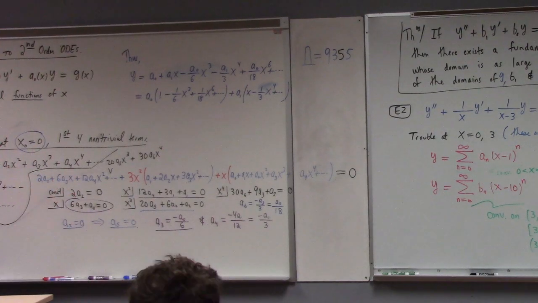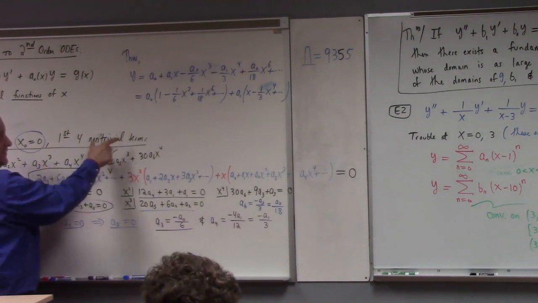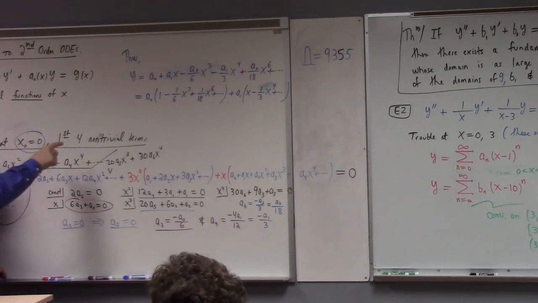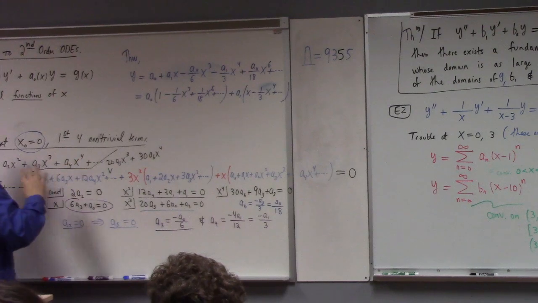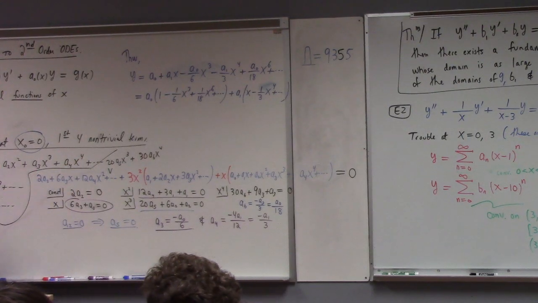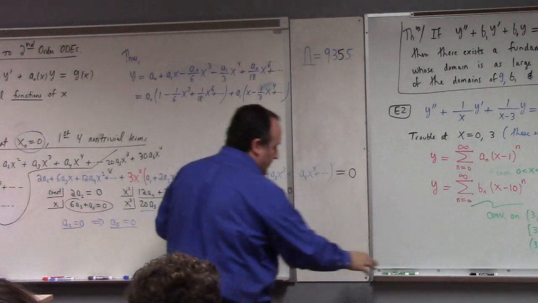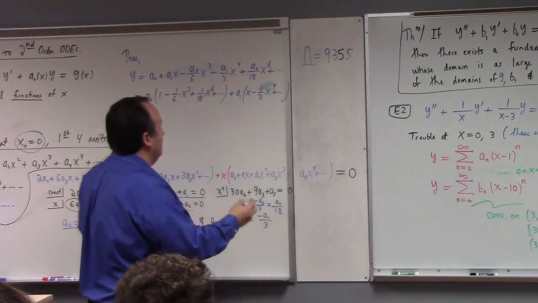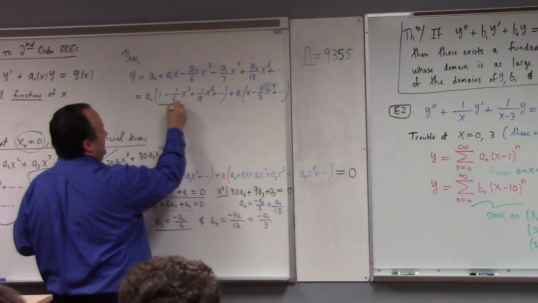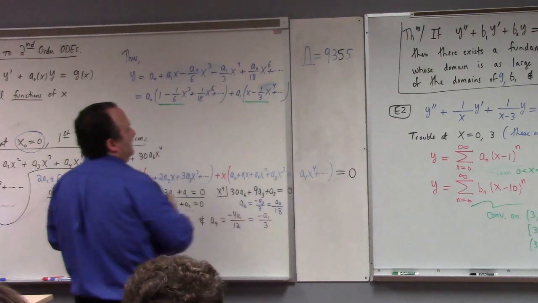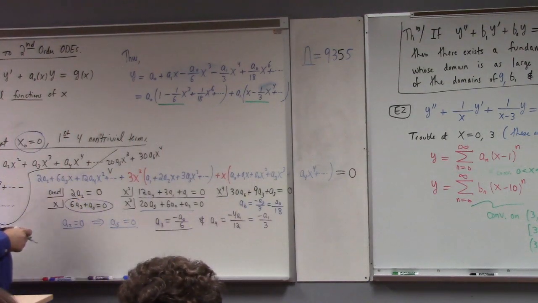Have I answered the question? Yes, I've answered the question. The question was to find the first 4 non-trivial terms. So I could have got full credit for this question. I did more than I needed to here. The first 4 non-trivial terms, what I mean by that is just this business right here.